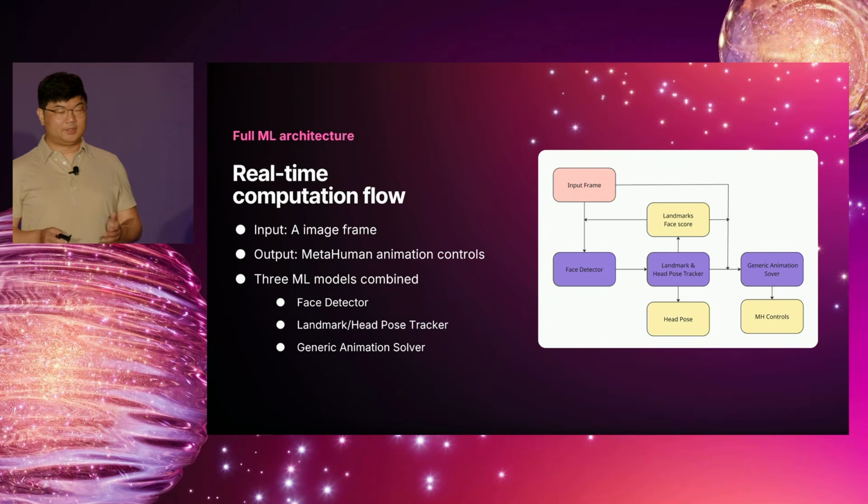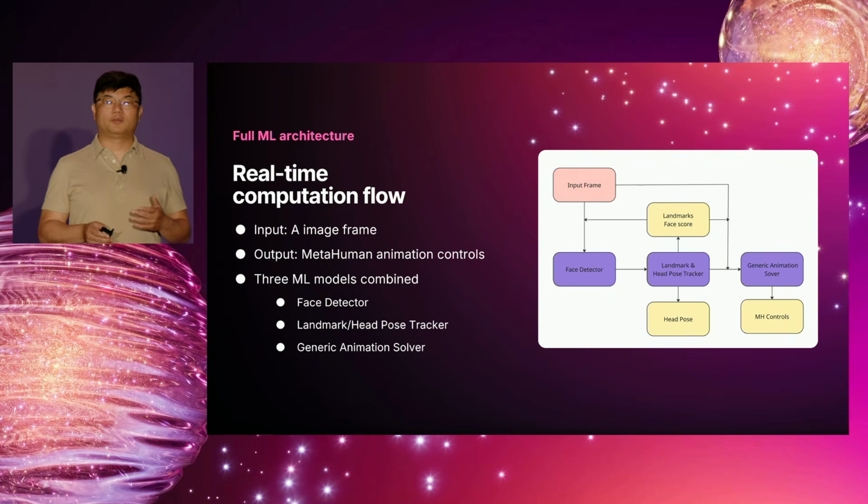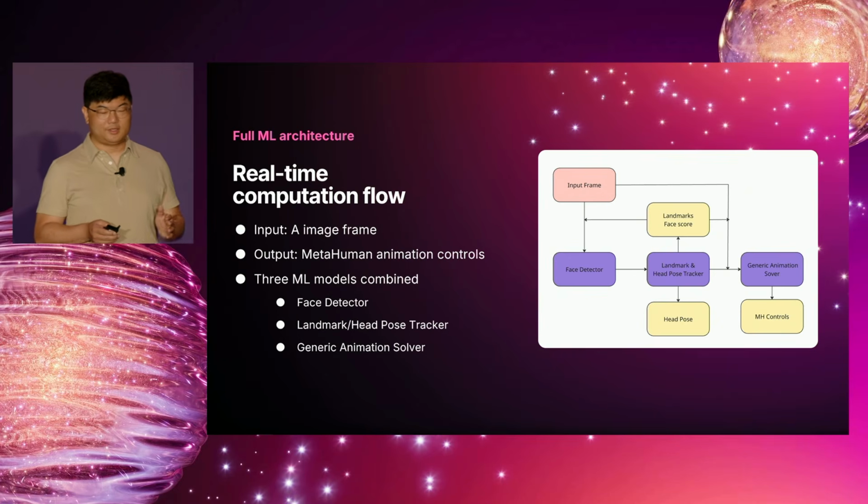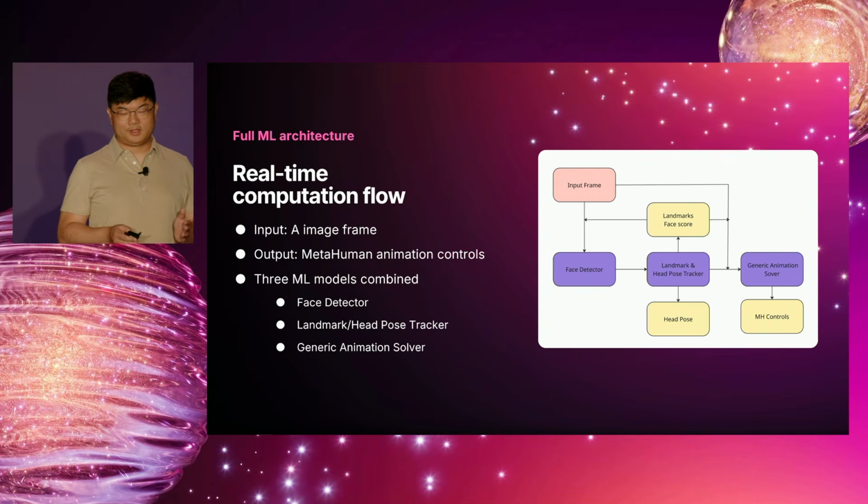We built 3 machine learning models. First, the face detector to locate the facial locations in the image, and the landmark and head pose tracker to track the facial landmarks as well as head pose parameters. And finally, the most important, the generic animation solver to predict the facial animations from the input image.